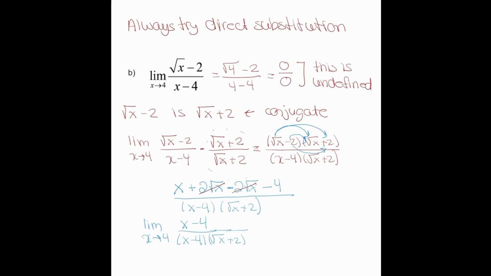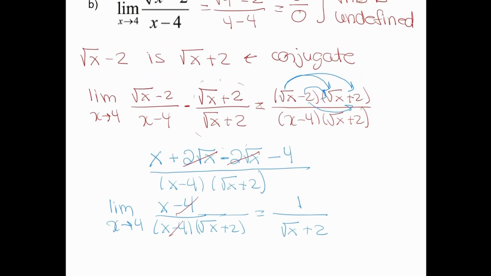We have x minus 4 in both the numerator and the denominator, so they can cancel each other out, and that leaves us with 1 on top all over root of x plus 2. Now we can use direct substitution. We're not going to get a 0 on the bottom.